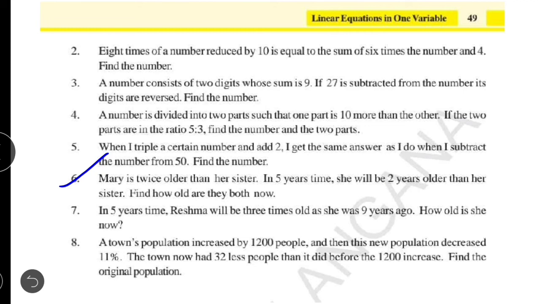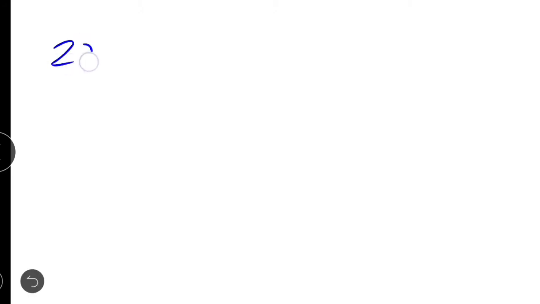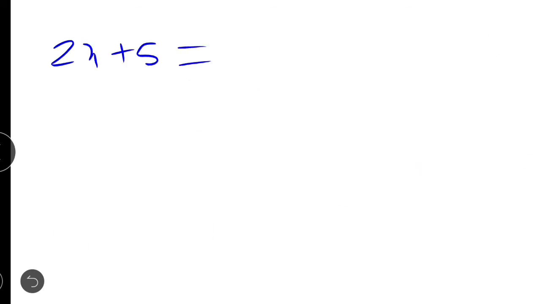Now after 5 years, Mary will be 2 years older than her sister. So Mary will be 2 years older than her sister. Mary's age is how much? 2x plus 5 will be 2 years older than her sister.